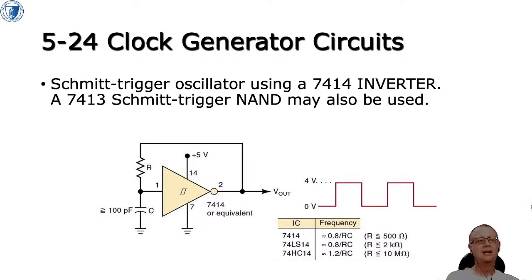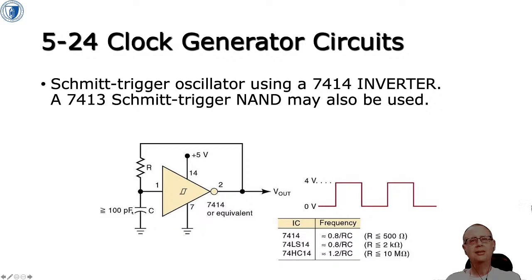Okay, so let me see if we can figure out what's happening. Remember this is an inverter, so if we've got a logic 0 here, we have a logic 1 here. If we have a logic 1 here, then that's going to pull up this input.